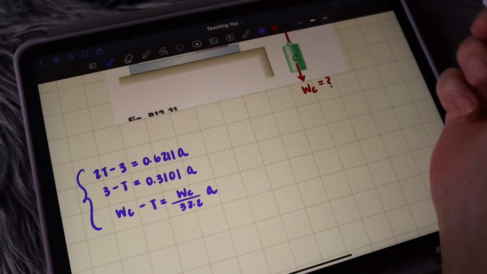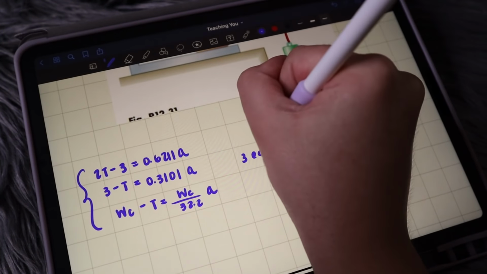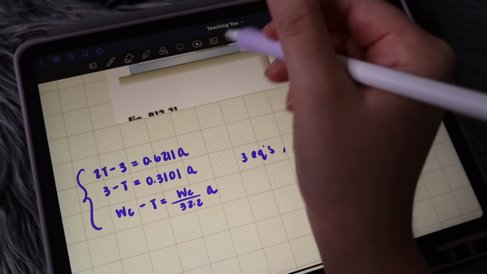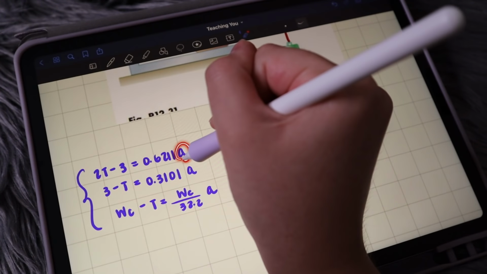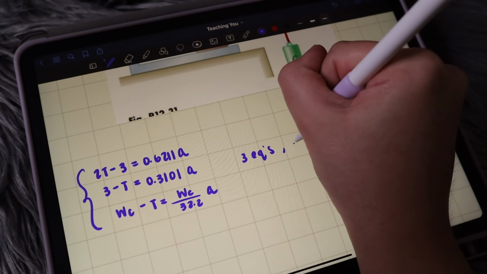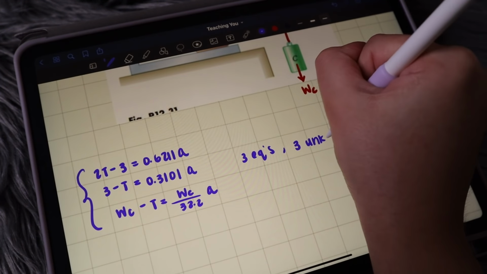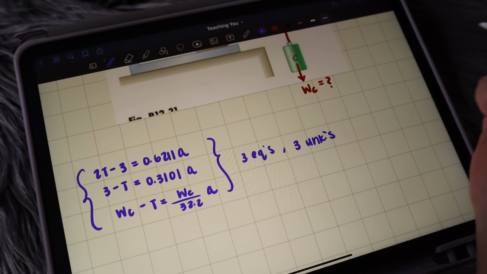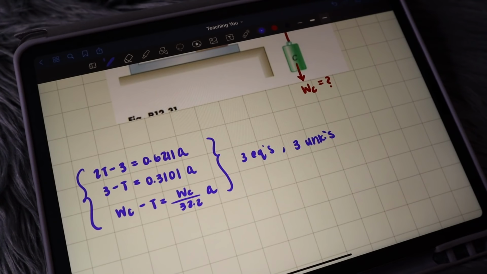So we have 3 equations, and we have 1, 2, 3 unknowns. So that's perfect. 3 equations, 3 unknowns. Okay. Perfect.